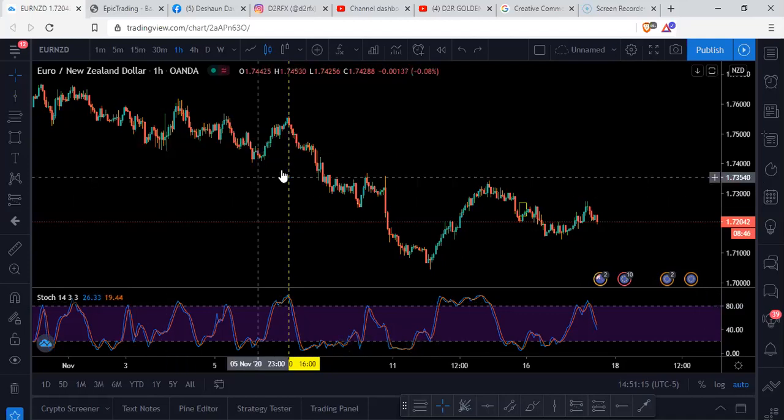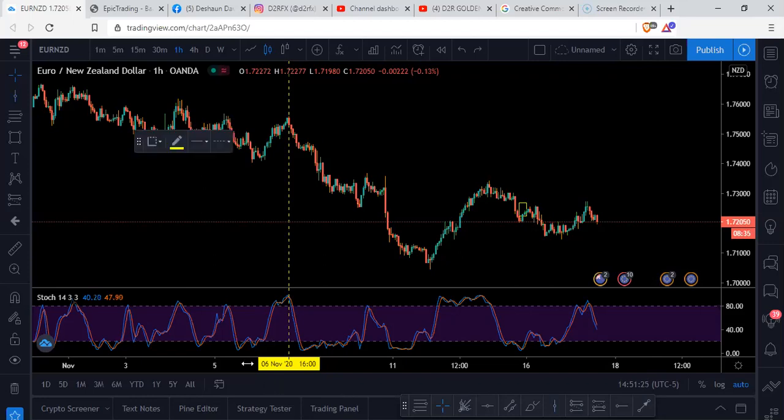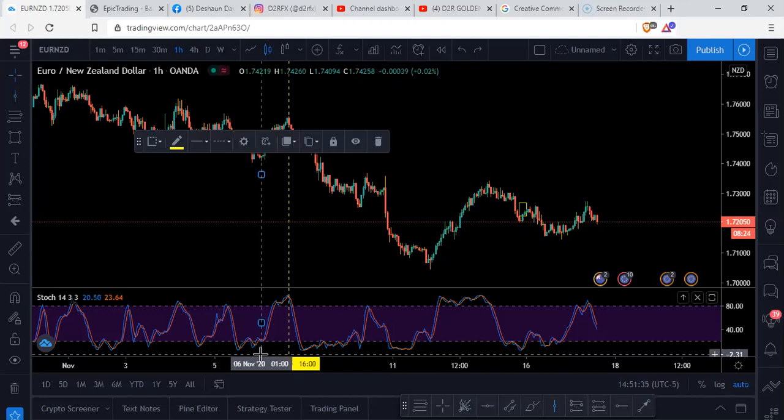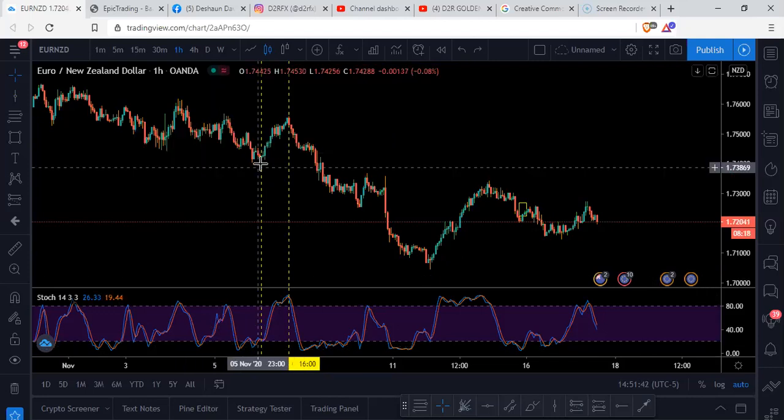And then if you look, pay attention to how the market was just moving, you see right here. Look what's going on. That doji candle came. That's when that cross started to happen.